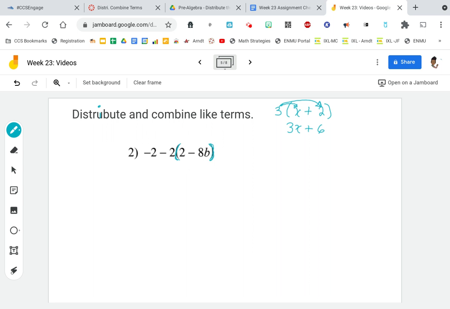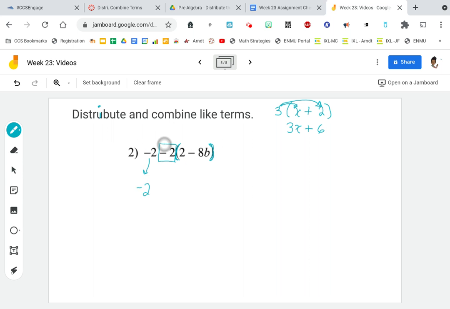And it is, guys, pay attention to this, it's a negative 2. We've got to pay attention to that sign in front of the 2. That's a negative 2. So I'm going to distribute, but before I start distributing, you see this negative 2 right here? I'm going to go ahead and just copy it down.